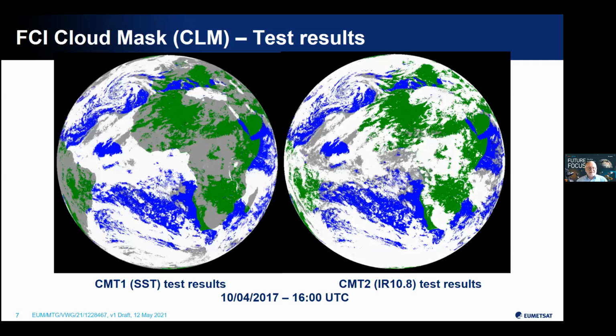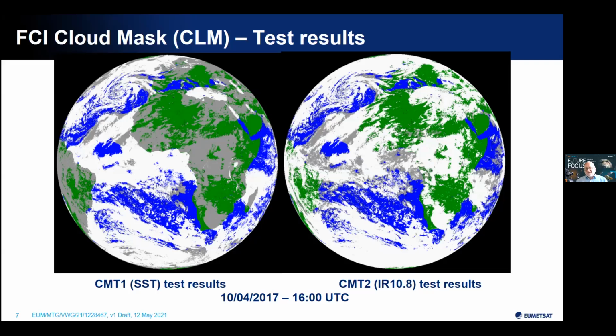For example, test CMT1, which is a test where we calculate the sea surface temperature and compare it to climatology data over ocean. You see in white the cloudy pixels detected by that test, and in gray all cloudy pixels detected by other tests.